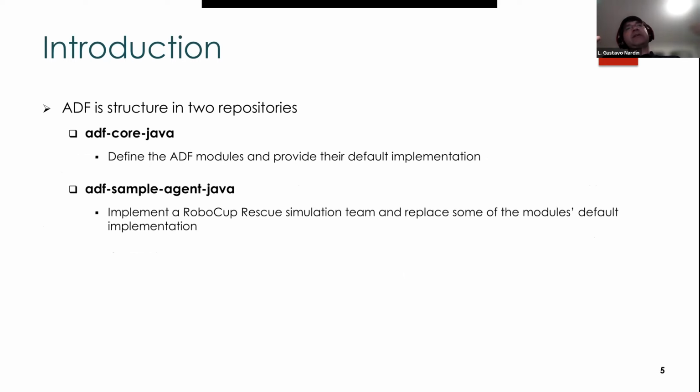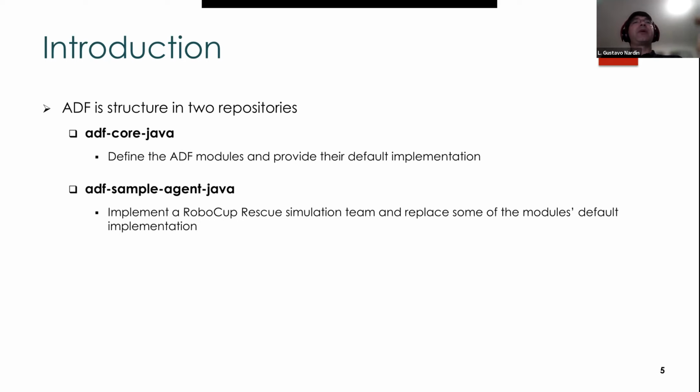The ADF is structured into repositories. We have the core repository, which is the ADF core Java, and we have the ADF sample agent Java. Basically, the ADF core Java defines the ADF modules and their interfaces, and provides some default implementation of the module interfaces provided in the core.